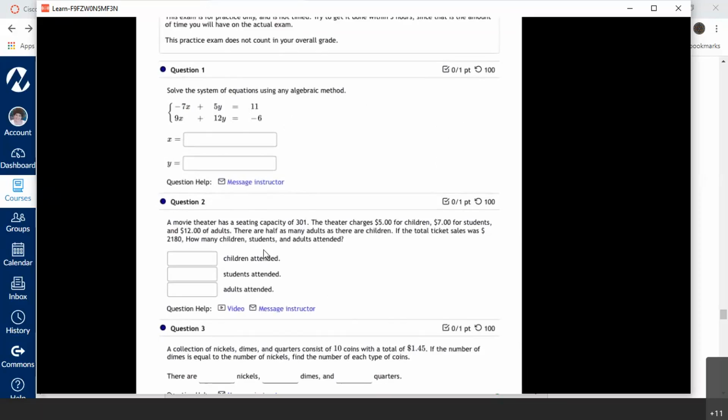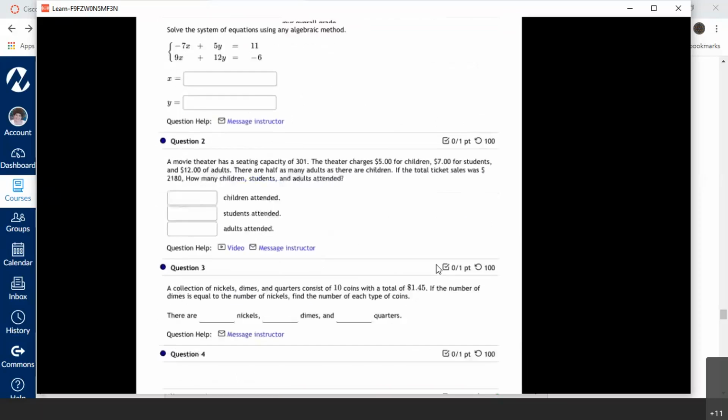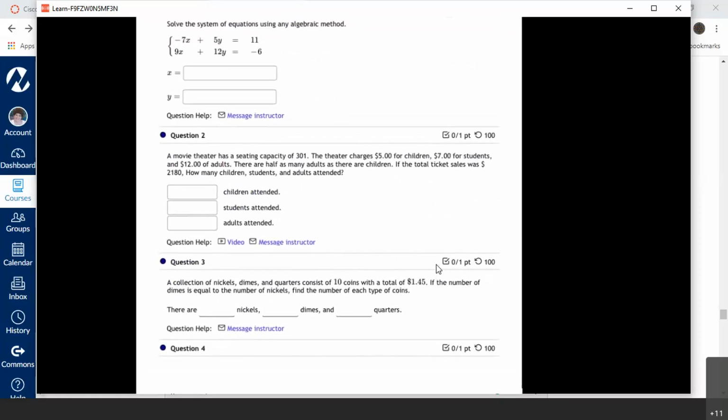This one, you've got to figure out how to build the matrix first. Same thing with question 3. Question 3 is a mixture problem, but again, you can build the equations from it.